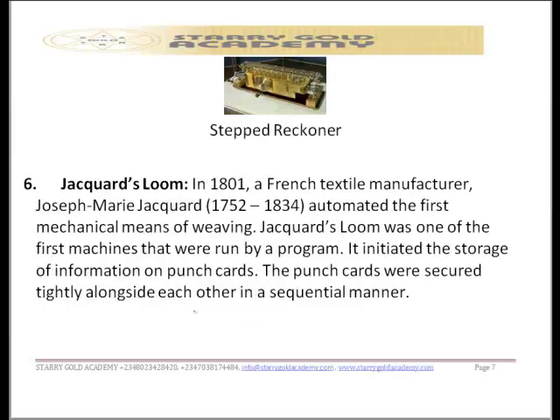This is what is known as stepped reckoner. This is how it looks like. Stepped reckoner. I said earlier that it was used for multiplication, addition, subtraction. It could be used for division as well.